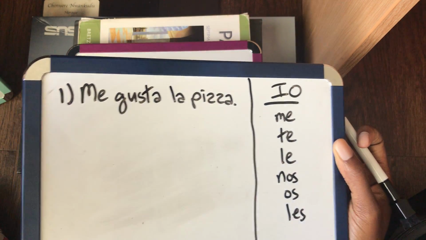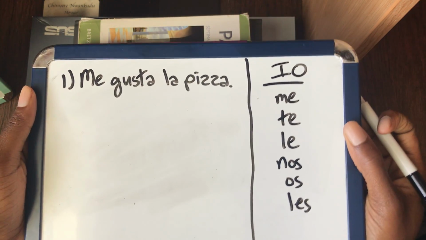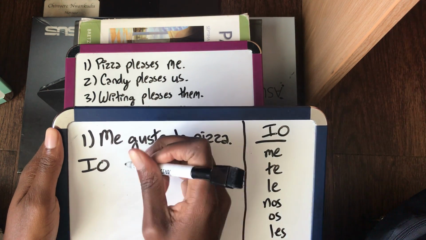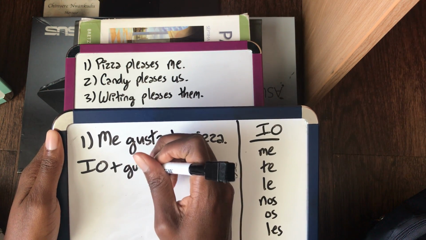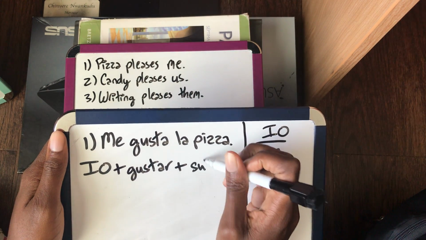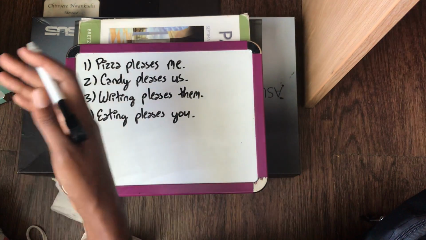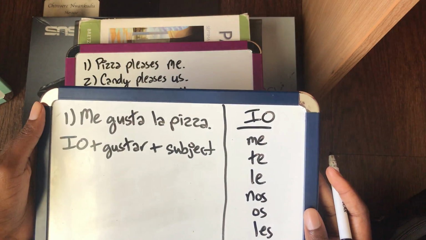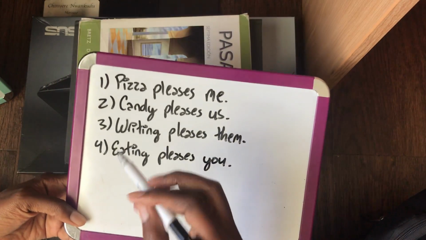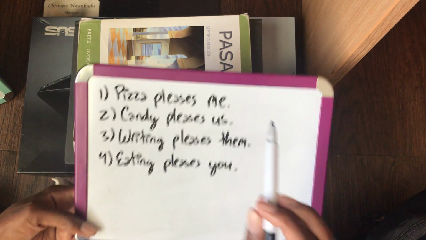Now, you'll see this in the second sentence. Notice the structure. Indirect object plus gustar plus the subject. Remember how we talked about how in Spanish, because we flipped this around, pizza is the subject of this sentence, and I am the object of this sentence.